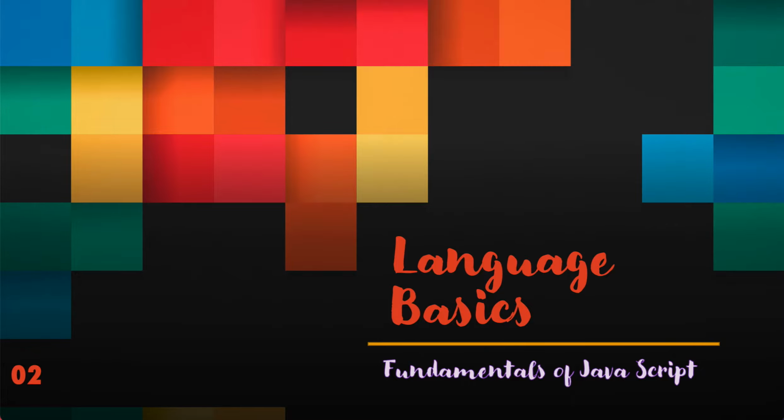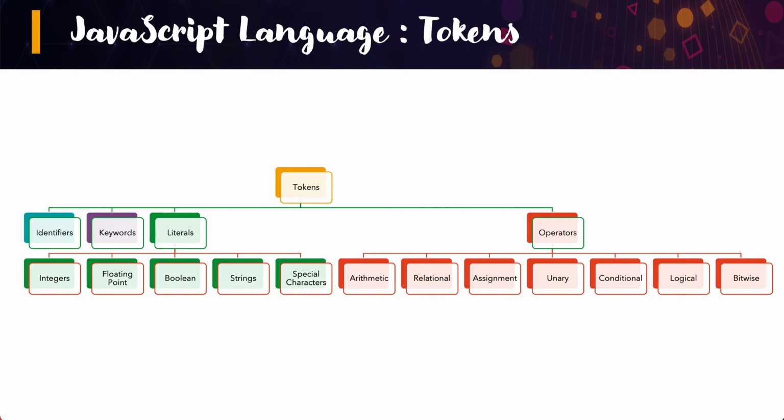So back to our subject, JavaScript is an interpreted language and it has a grammar, and it has certain types of tokens that are allowed in JavaScript code. What kind of tokens are there in JavaScript? There are typically 4 kinds of tokens: identifiers, keywords, literals, and operators.